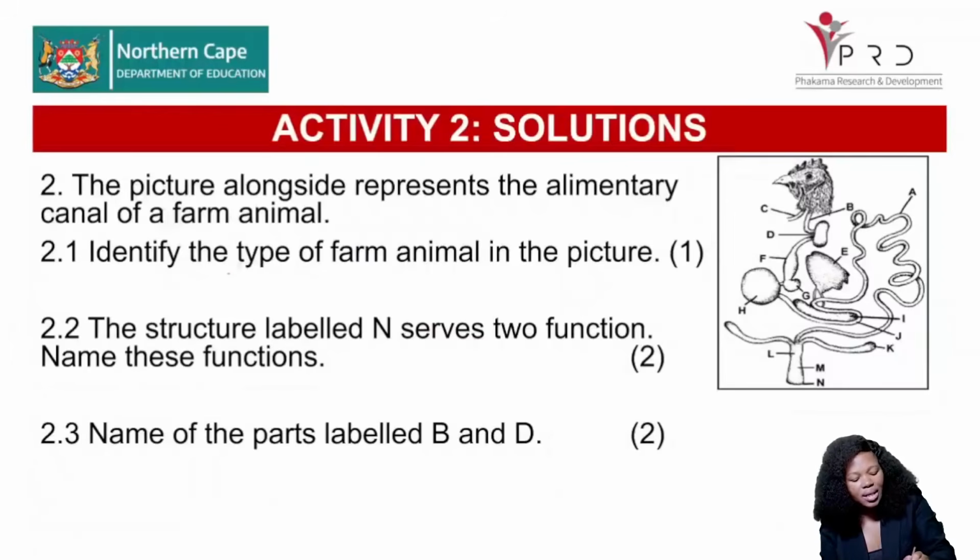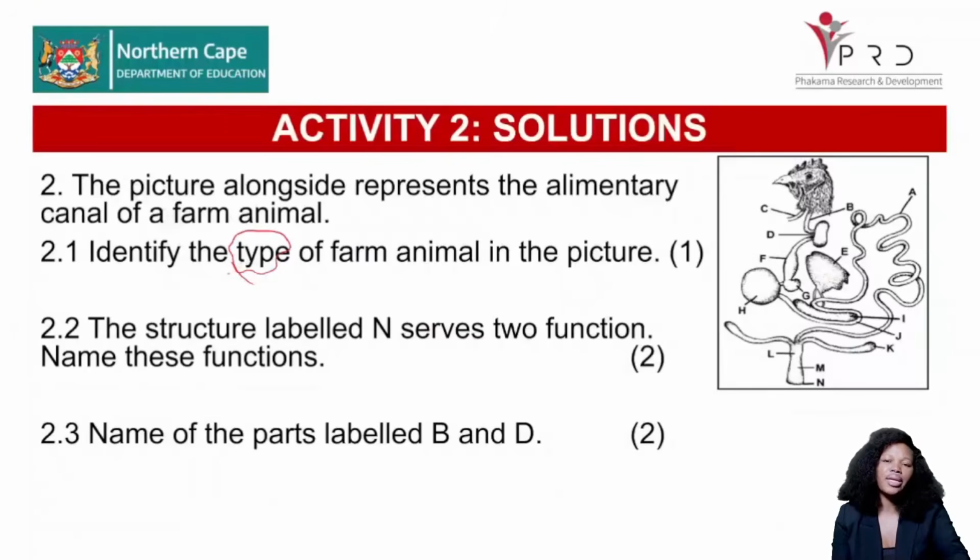Now, it was indicated that you need to identify a type. Remember, when it comes to classification, we classify into ruminants or non-ruminants, but we don't classify into pigs and fowl. We don't classify into cattle and goats. We classify into ruminants and non-ruminants.